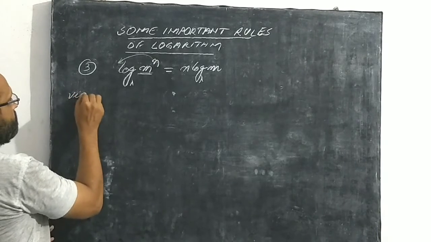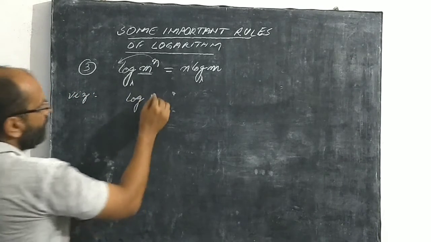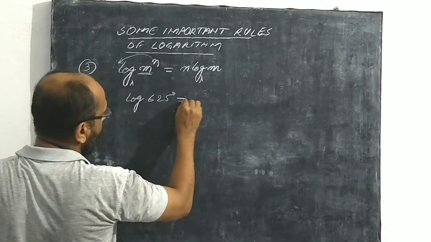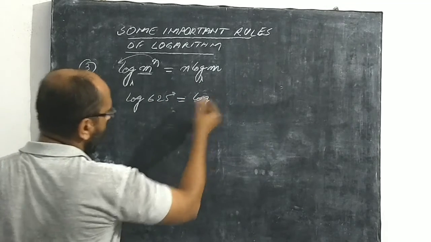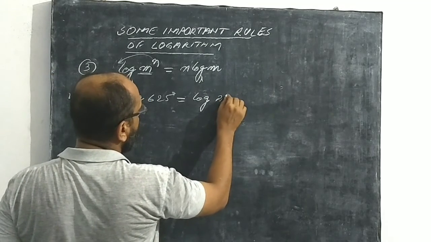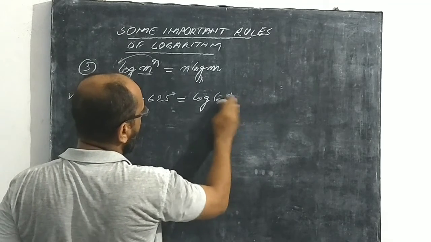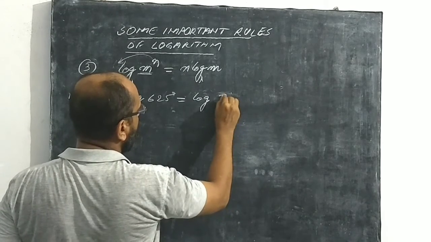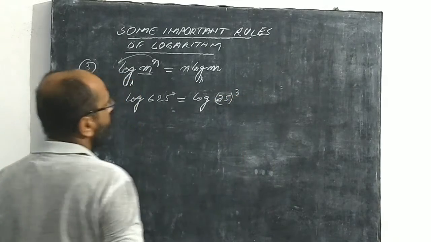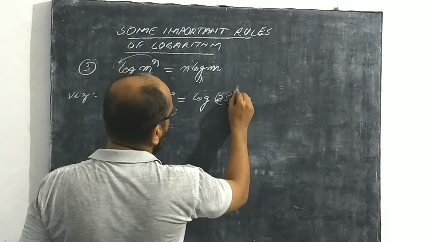For example, log 625 may be written as log 25 whole cube, 25 square.